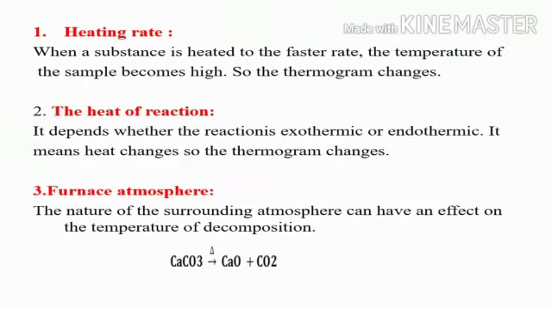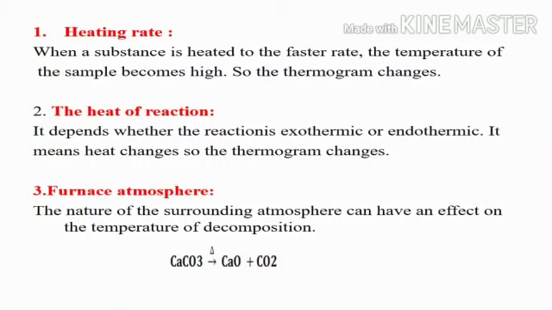It means temperature changes, and as the thermogram depends on temperature, so the thermogram changes. Second is the heat of reaction. It depends whether the reaction is exothermic or endothermic. It means the heat changes, so the thermogram changes.